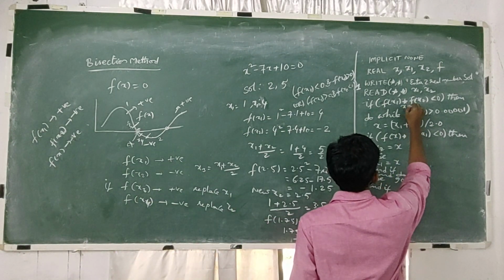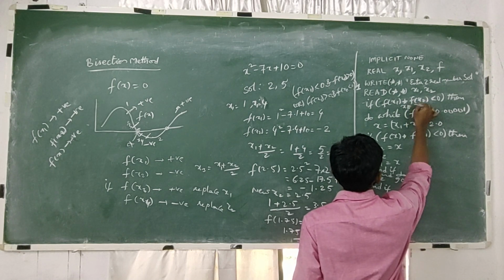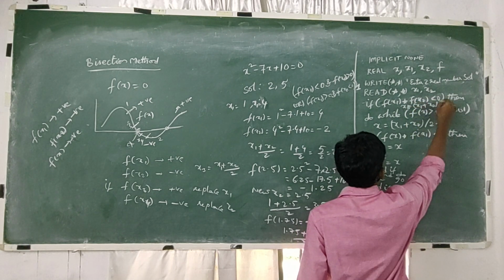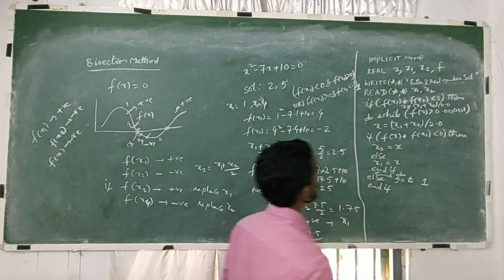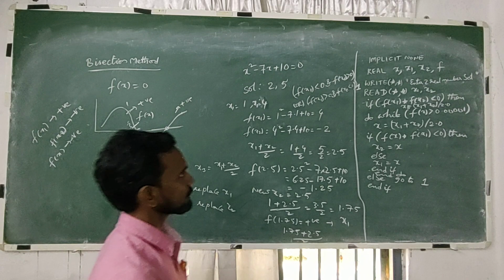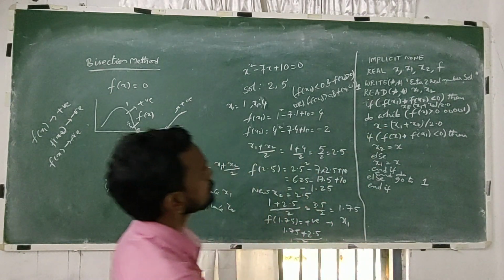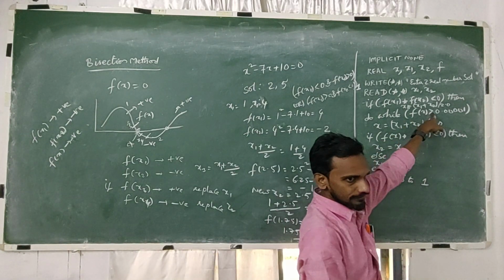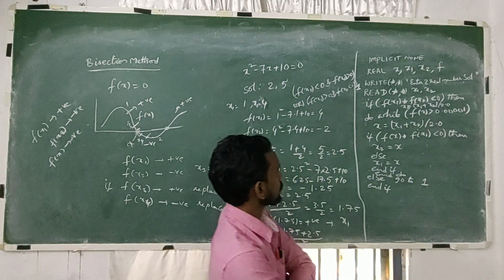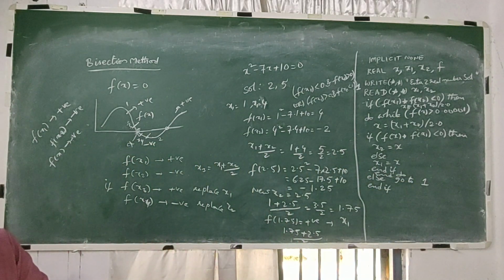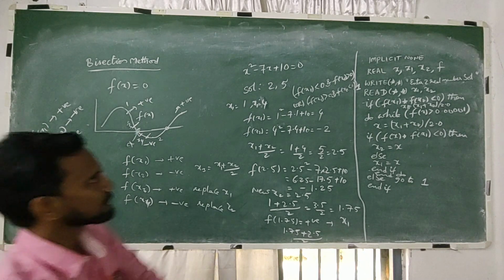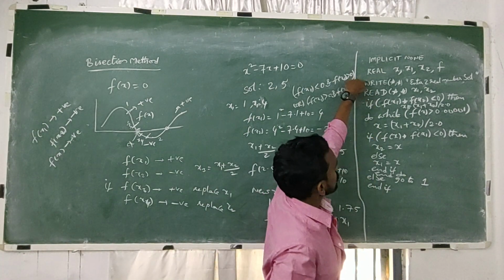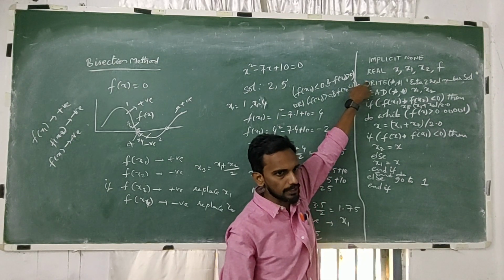X is equal to x1 plus x2 by 2. Once you define it, then you calculate the sign of the function. The process continues. So if this condition fails, directly control goes to reading two new numbers again.